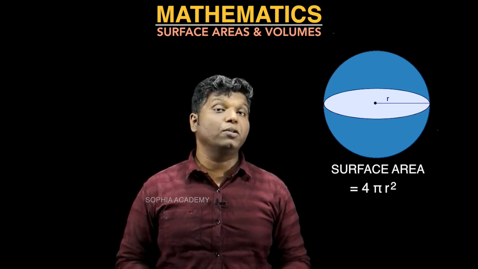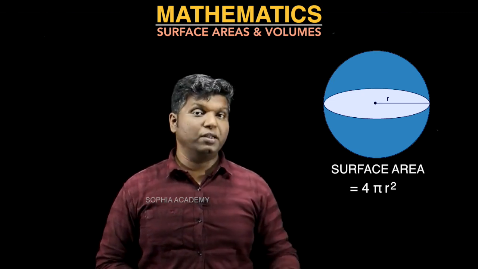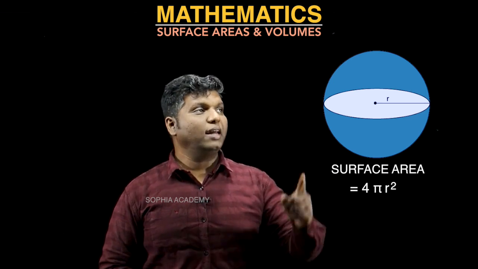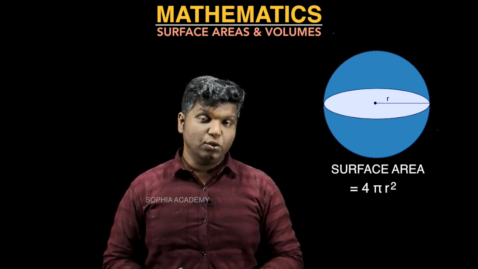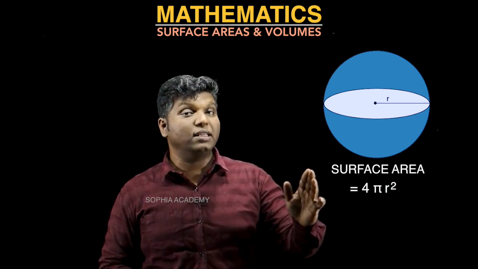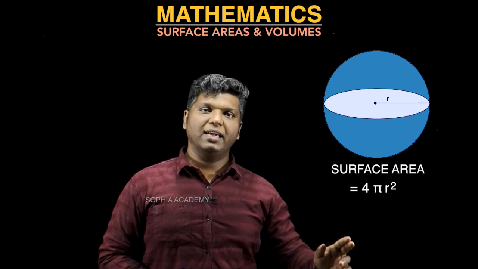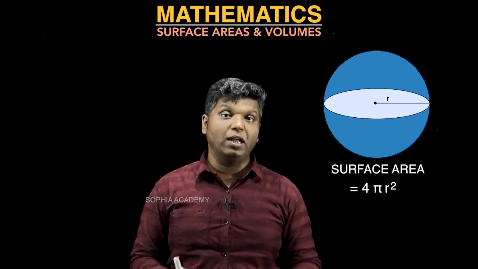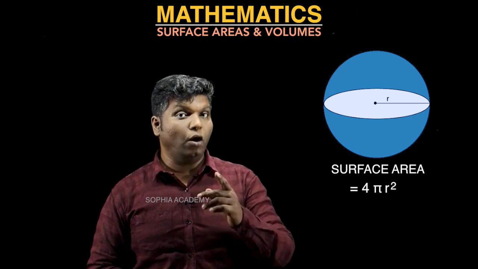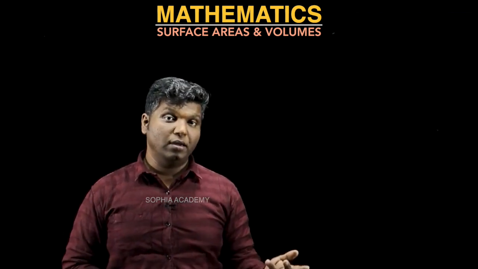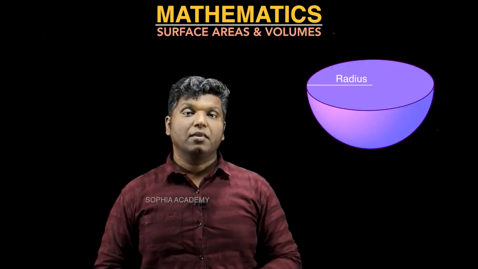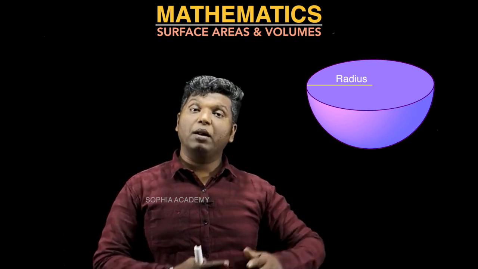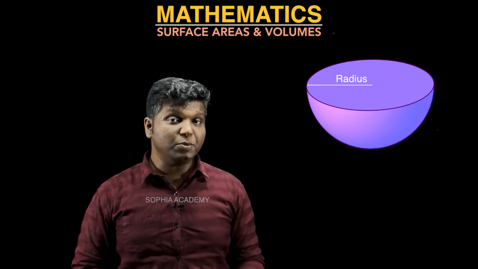And I already told you, regarding sphere and hemisphere, there is only a single dimension, and that is the radius. So if you know the radius, you can find everything regarding a sphere and a hemisphere. So 4 pi r square is the formula to find the surface area of a sphere. What about the hemisphere?